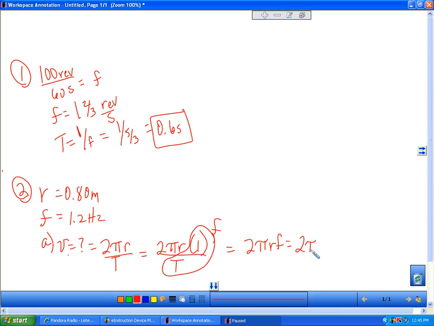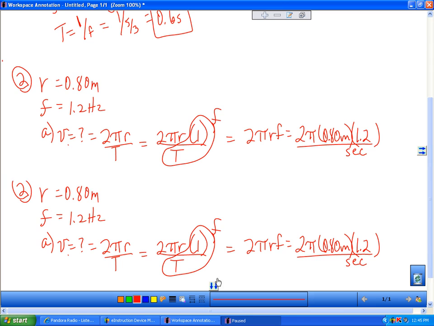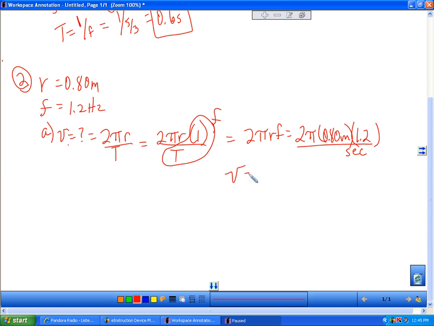I know 2 pi, I know my r is 0.80, and my frequency is 1.2 cycles per second. So now I'm simply going to multiply 2 pi times 0.8 times 1.2, and if I do that correctly in my calculator, my speed is going to wind up being 6.03 meters per second.